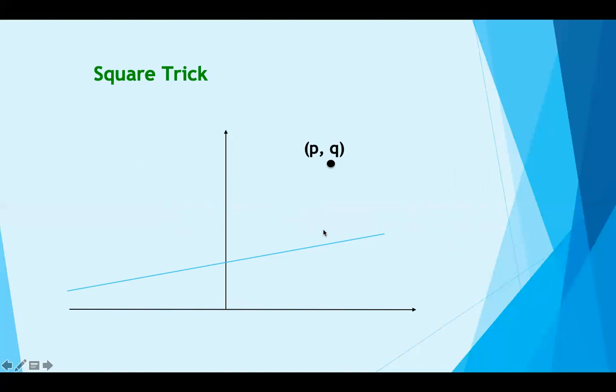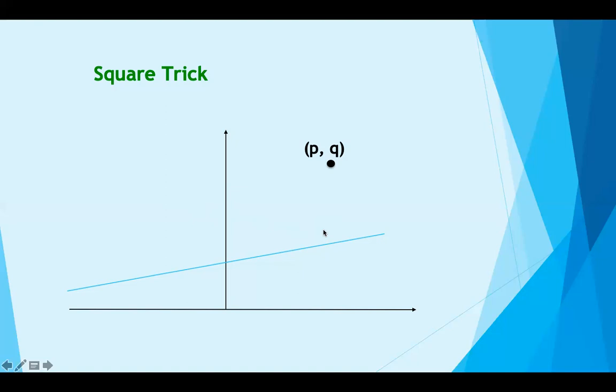But if the point is far away from the line, then we want the line to move a lot more. The absolute trick that we have learned before does not have this property. In the absolute trick, we add alpha to the y-intercept, that is W2, and P times alpha to the slope, W1. This has nothing to do with how far the point is from the line.